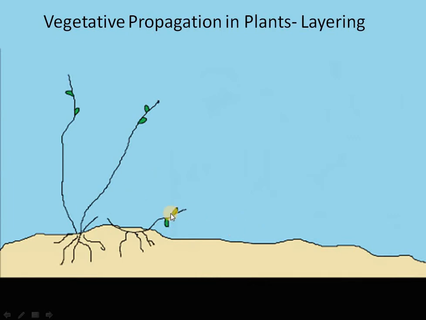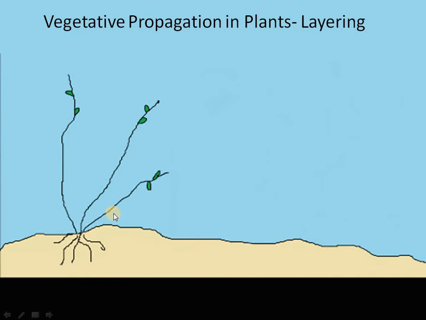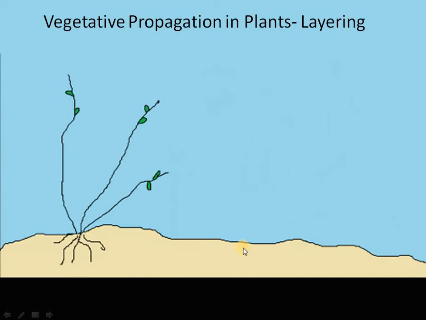So this is the process of layering, where you lower down the shoot into the soil, let the roots grow, let it anchor the plant into the soil, and once it is able to support itself, you cut it off from the parent plant and put it into a separate place.